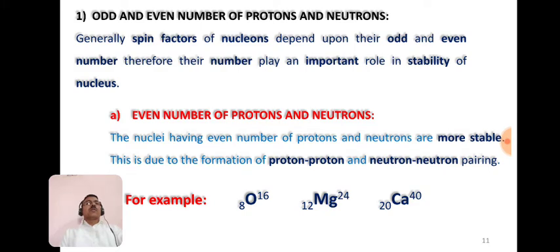So all protons and neutrons are paired with each other. In case of calcium, there are 20 protons which are in paired form, whereas 20 neutrons are also in the paired form. That's why oxygen, magnesium and calcium are more stable, or the nuclei of these elements are more stable.